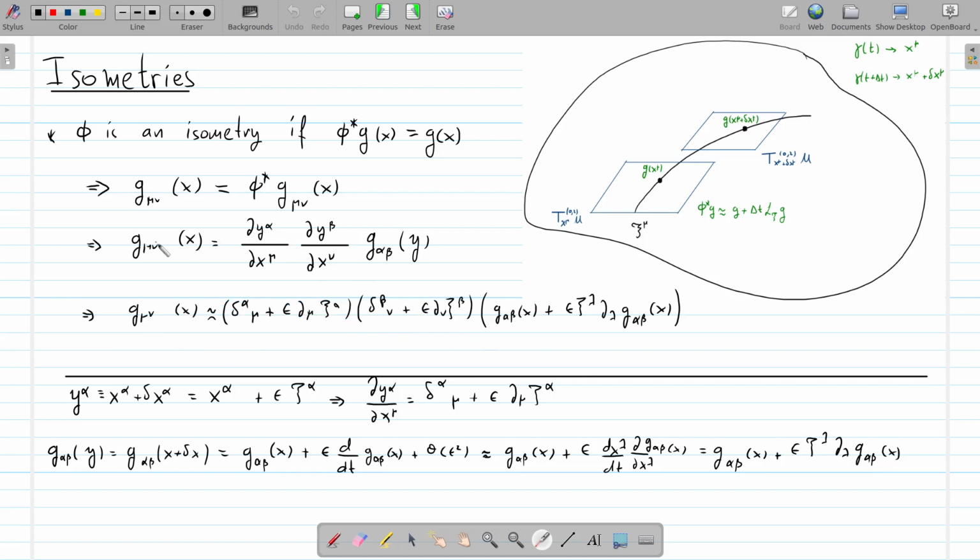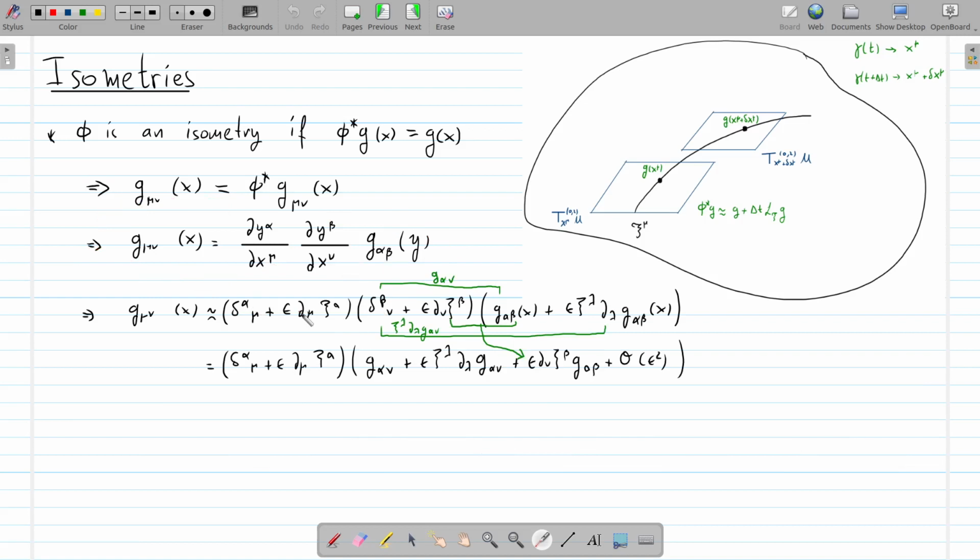We substitute this in the relation that must be satisfied if φ is an isometry, and now we will do some simple algebra, keeping terms only up to order ε. So you see the algebra is quite simple.